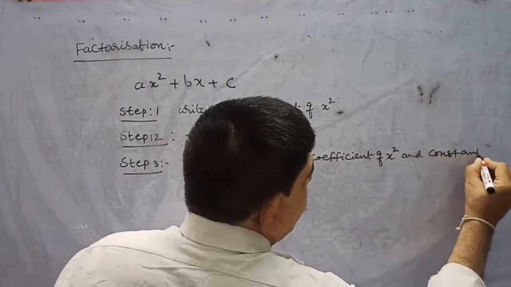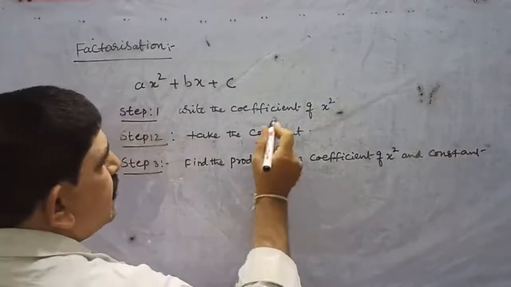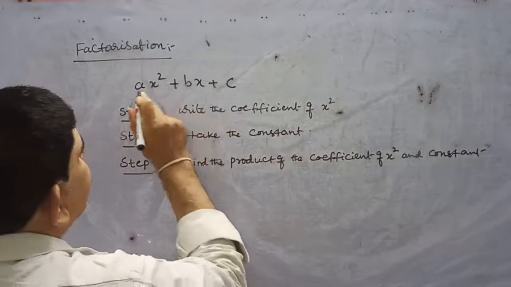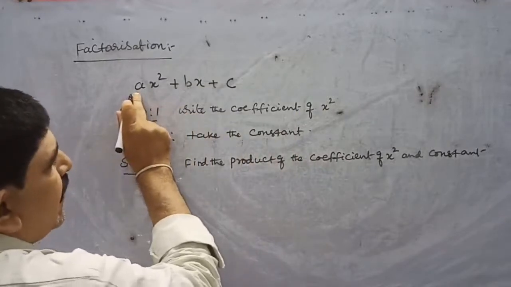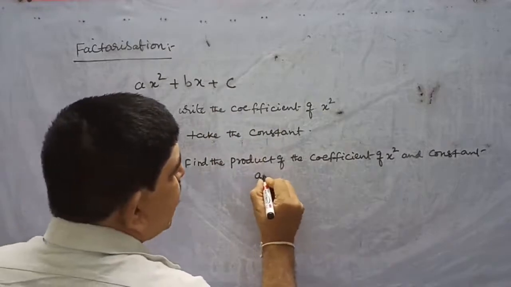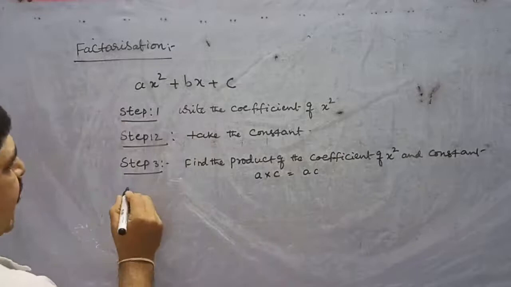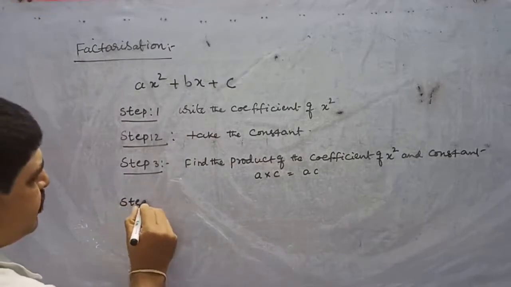Okay. So find the product of the quotient of x square and constant. What is the quotient of x square? A. What is the constant? C. So the product of A and C, A into C, is equal to AC. Okay.